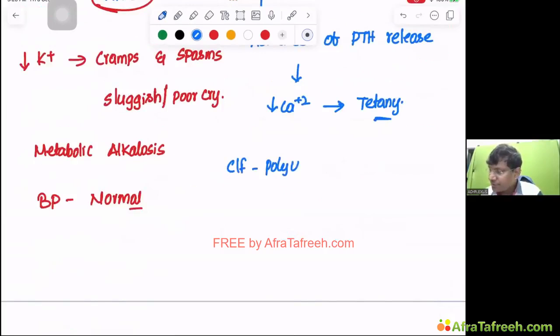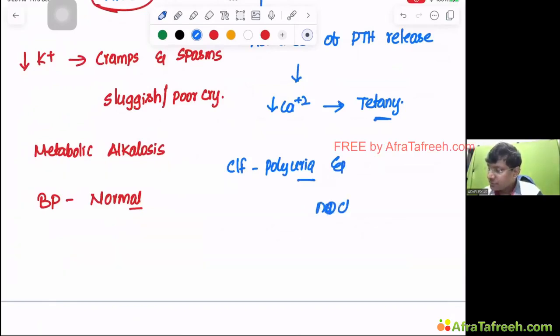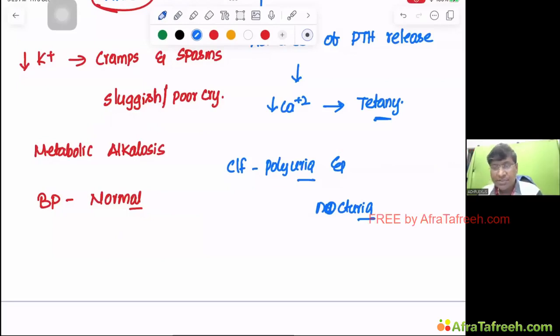Why will they have polyuria? Because of hypokalemia. Whenever there is hypokalemia, the absorption capacity in the tubules is lost, causing polyuria and nocturia.